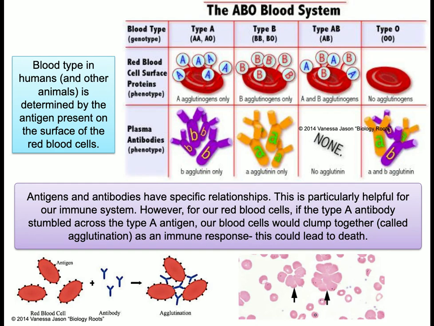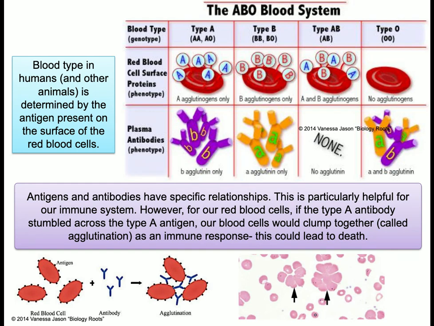If one parent is A and the other parent is O, you're going to be type A because A is dominant over O. Yes, you'll be hiding the O, but you'll be type A. If one parent's a B and the other one's an O, you'll be type B. You'll still be hiding the O. And then if you get 2 copies of the recessive O, then you'll be type O. So we got type A, type B, type AB because they're codominant, and then type O.